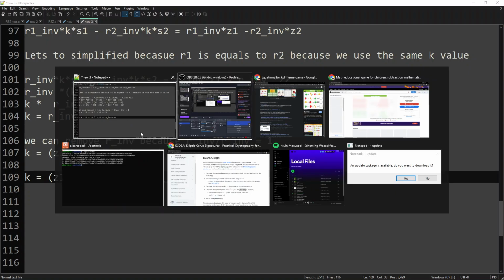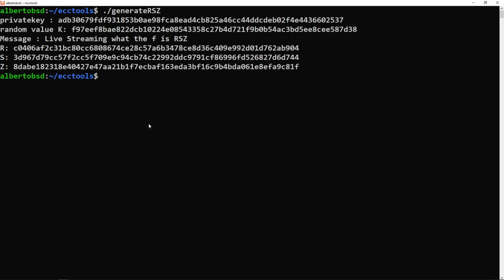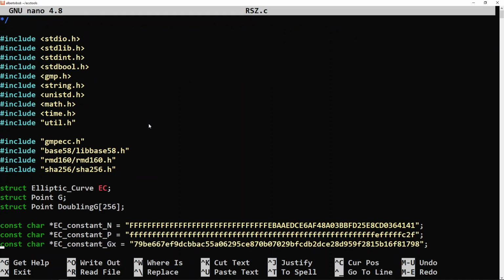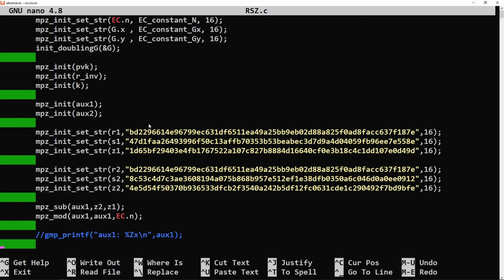Okay, I already did one program. Let me edit this program. Nano RSZ.c. Let me change these values. Wait a moment, please.